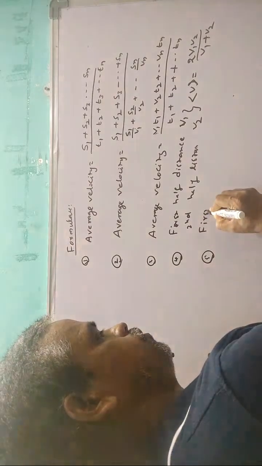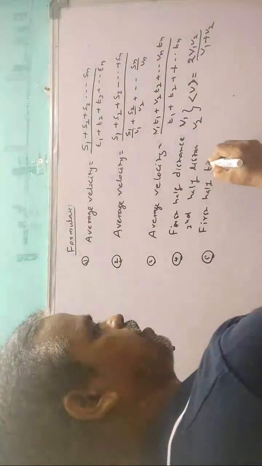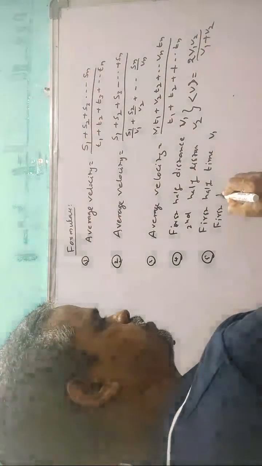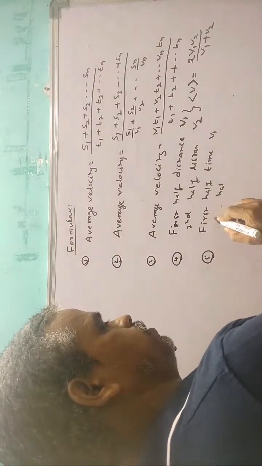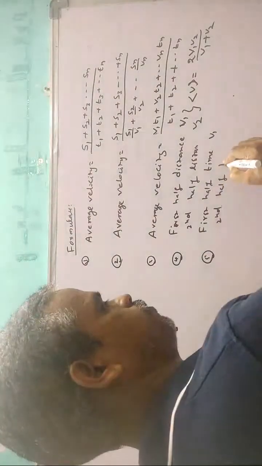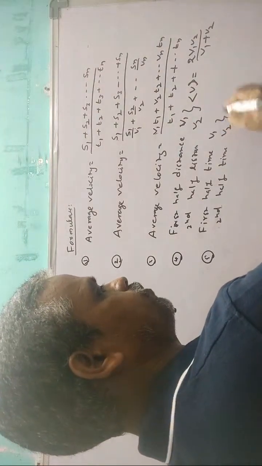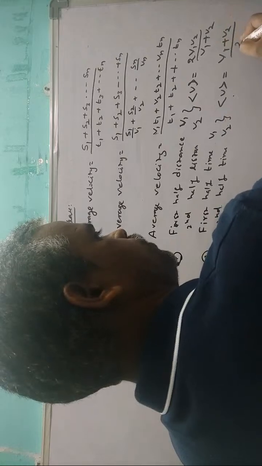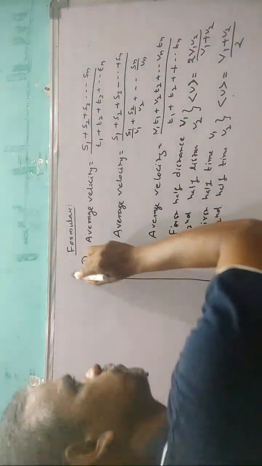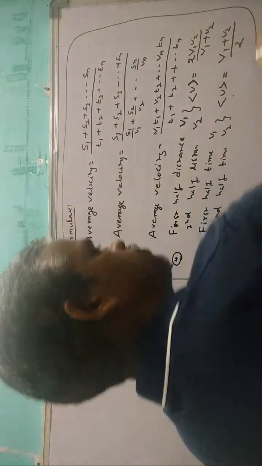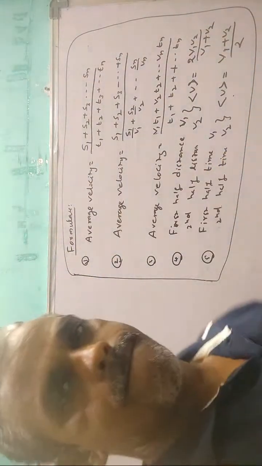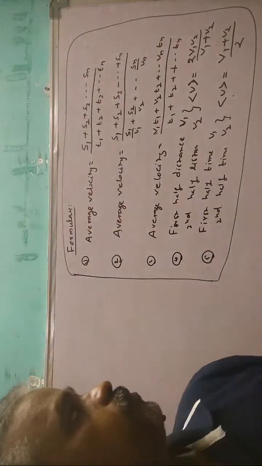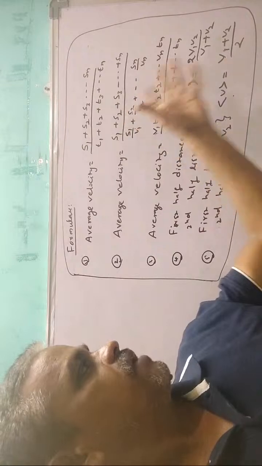First half time with V1 velocity, second half time with V2 velocity, average V1 plus V2 by 2. Remember all these formulas for velocity or average speed. Very, very important. Different cases.